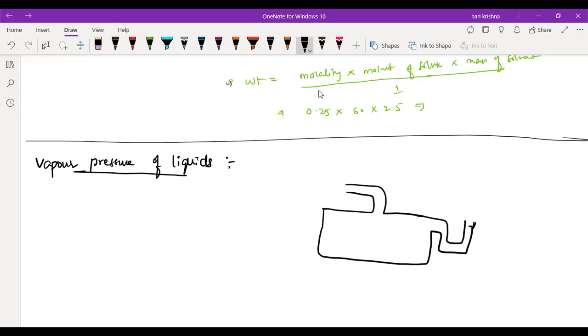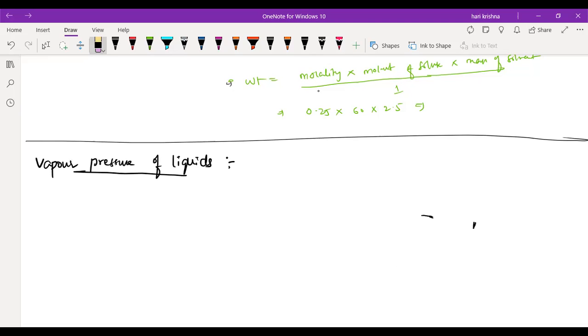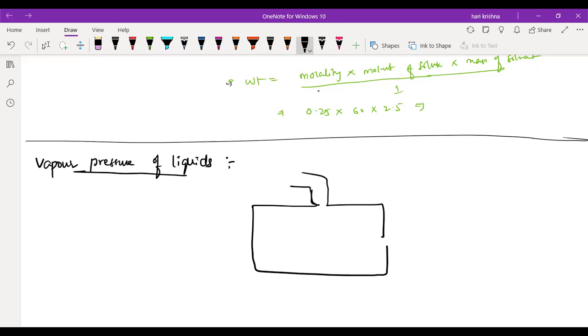Suppose you have taken the container like this. I'll draw it somewhat neatly. Suppose you have taken the liquid like this.